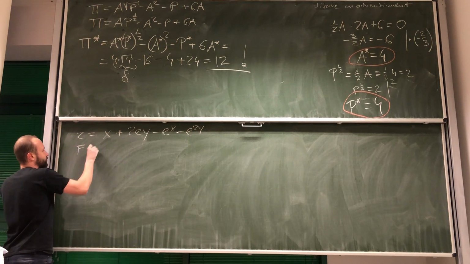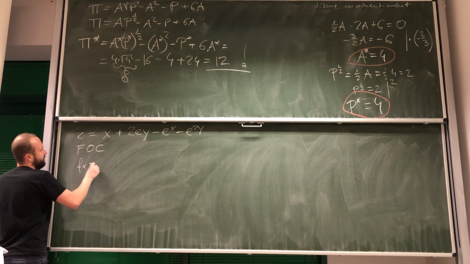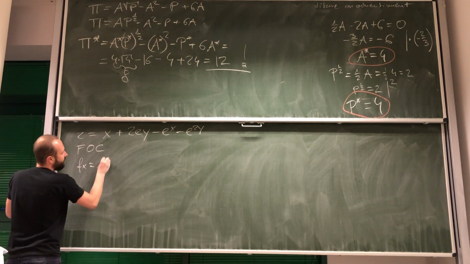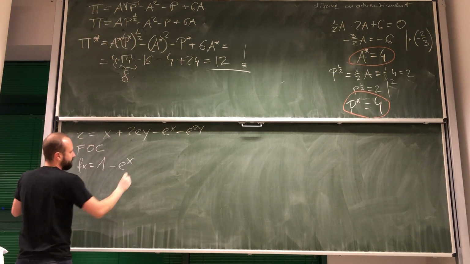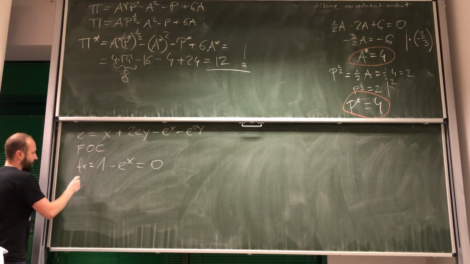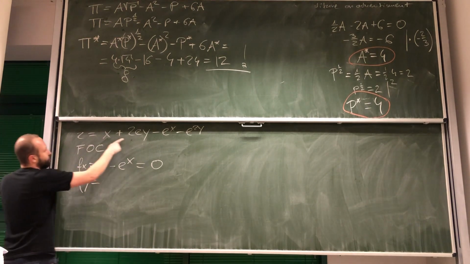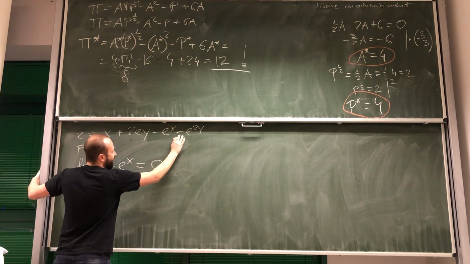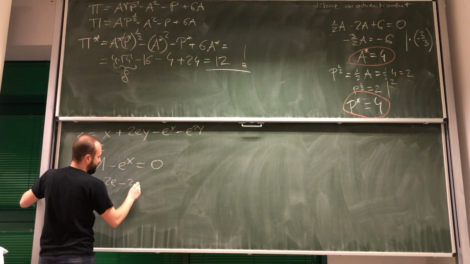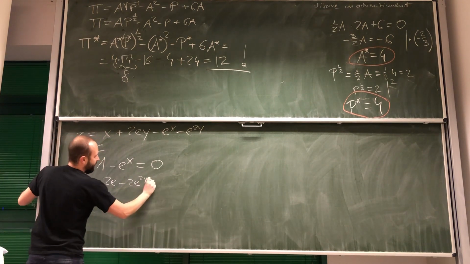We start with the first order condition, and we get that fx in this case is 1 minus e to the power of x, this equals 0. Now fy is equal to 2e^y minus 2e^(2y) equals 0.